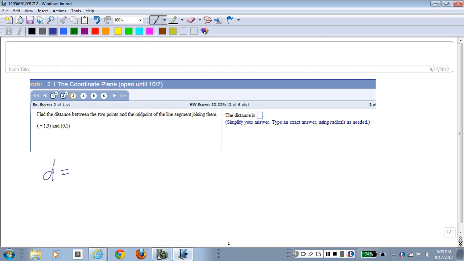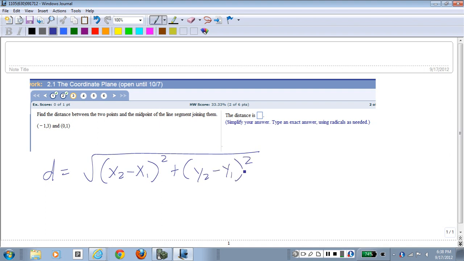D equals the square root of x sub 2 minus x sub 1 quantity squared plus y sub 2 minus y sub 1 quantity squared. Basically, it does what you would do if you were drawing the picture and calculating the side lengths of a right triangle and using the Pythagorean theorem. It does that for you without having to draw the picture.